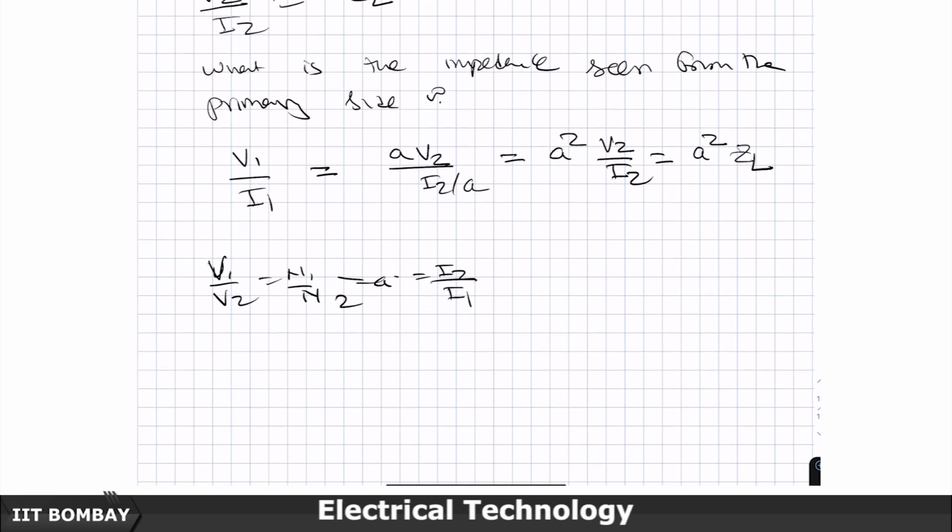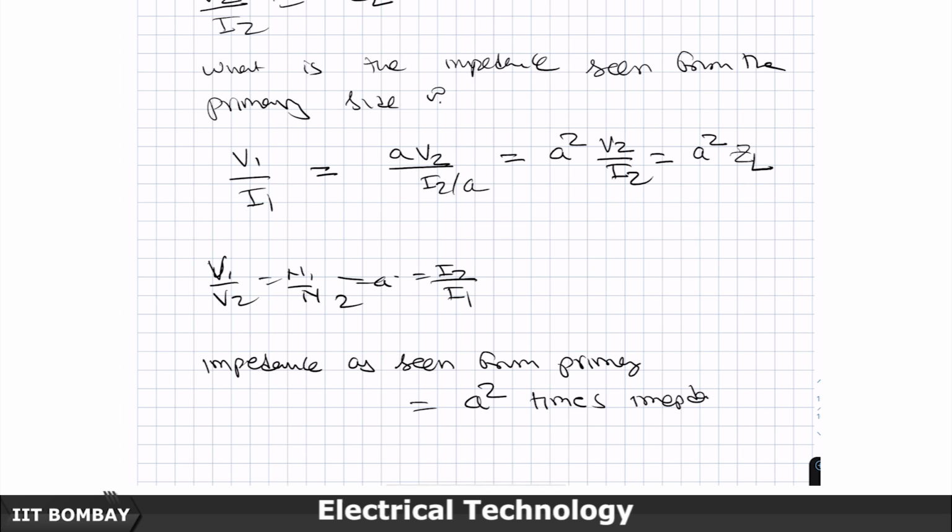So, when I transform, I will say that the impedance as seen from primary is equal to square of turns ratio times impedance in secondary.